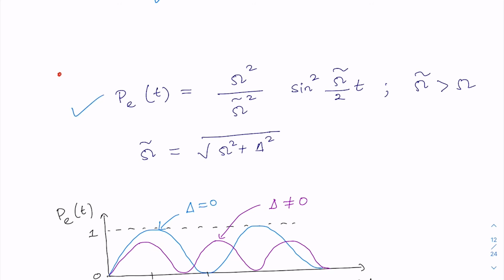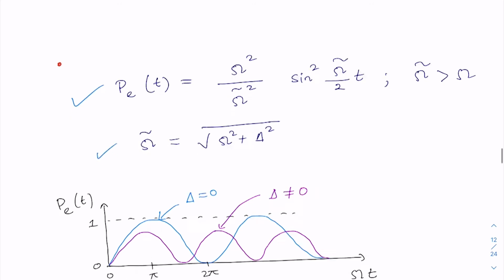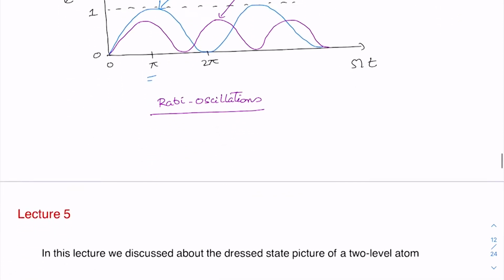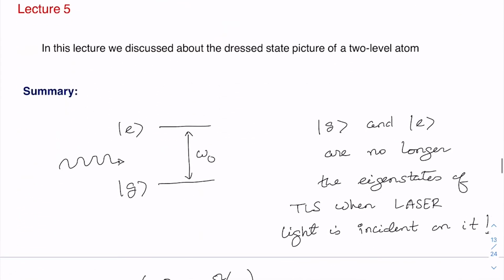Omega tilde is the generalized Rabi frequency, and we see that when the resonance condition holds, that means delta is equal to 0, the atom can go from the ground state to the excited state fully when omega t is equal to pi, but that is not the case if the resonance condition is not there, if delta is not equal to 0. So these things we discussed. Then in lecture 5 we discussed the dressed picture of the two-level atom.